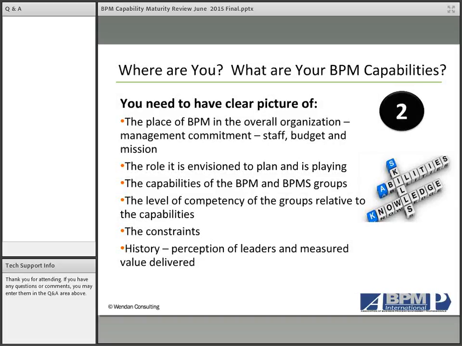The second one is, once we understand where we are, determining what the picture is. Where do we see our BPM capability tying into the strategy of the business? So where does BPM fit? Where does it fit into the organization in terms of the structure, the budget, the staff?